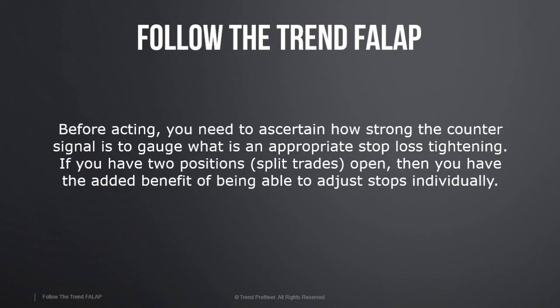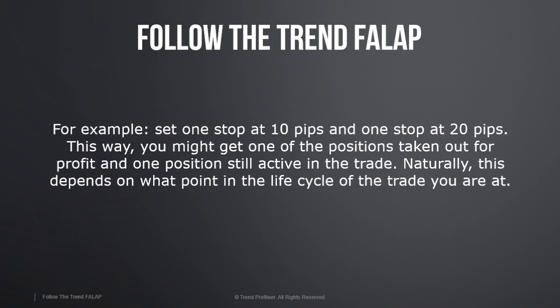So if you have two positions, split trades, open, then you have the added benefit of being able to adjust your stops individually. You can be really tight with one position and more liberal with the other. For example, set one stop at 10 pips and one stop at 20 pips. This way you might get one of the positions taken out, the one with the tighter 10 pip stop, for profit, and then one position can still be active in the trade.